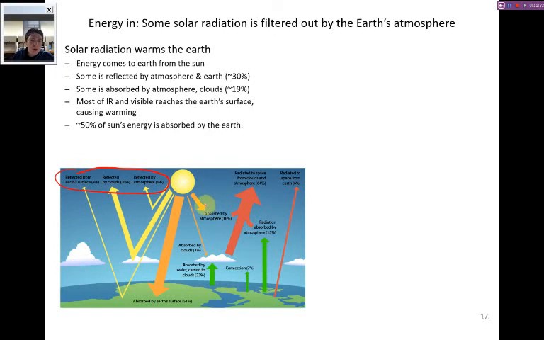We also have some light that is absorbed by the atmosphere. That's about 19%. And we consider that by the clouds themselves or by the gases within the atmosphere. About half of the energy that makes it to the Earth is actually absorbed by the surface.